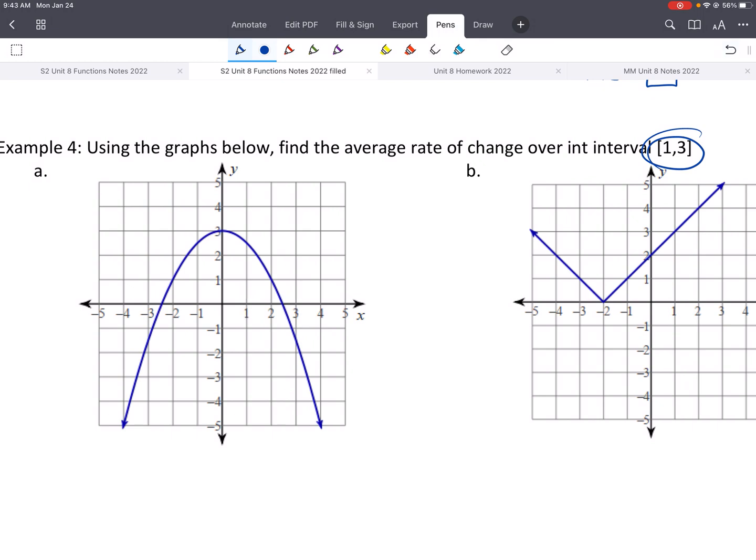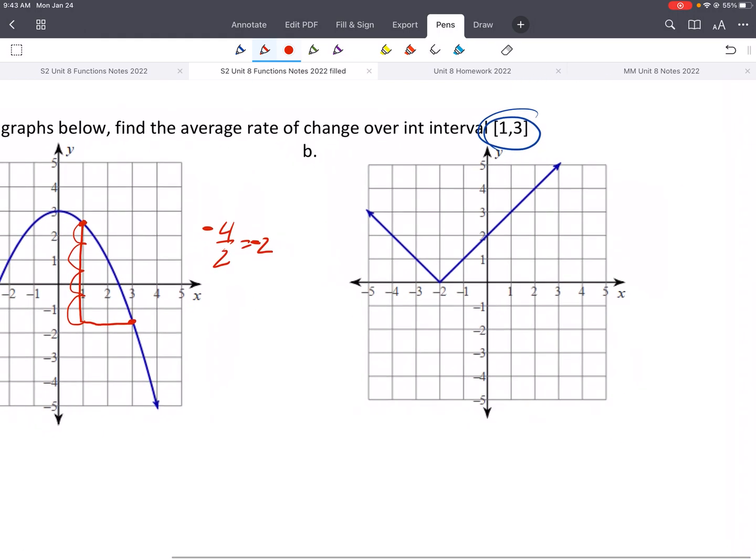So basically we need to find the points at 1 and the points at 3. And we can just use our rise over run. So it looks like we go down 4 over 2. So 4 over 2 is 2. Oh, but it's a negative, right? So we go down 4 over 2. 1, 2, 3, 4. Yeah.